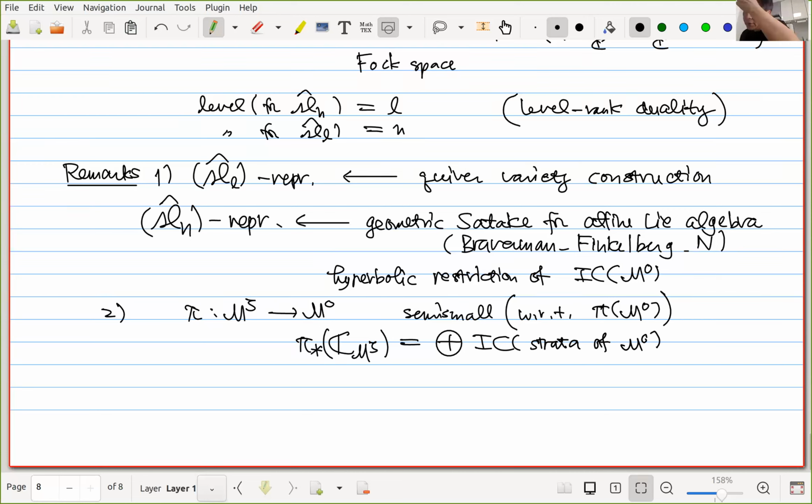You can also show that no local system appears in this decomposition, tensored with H^top of the fibers over the stratum.